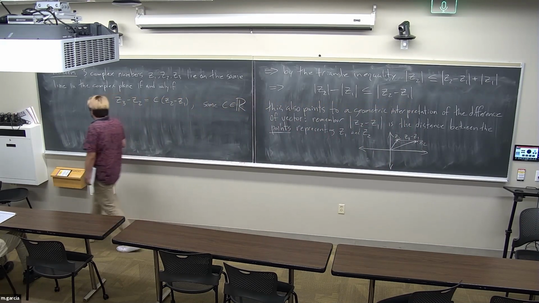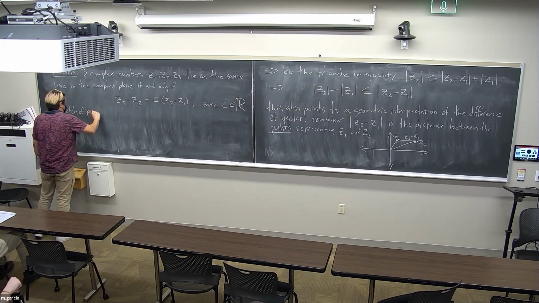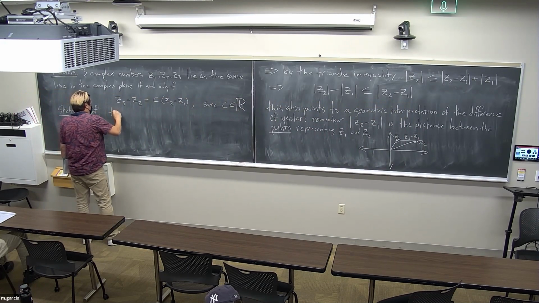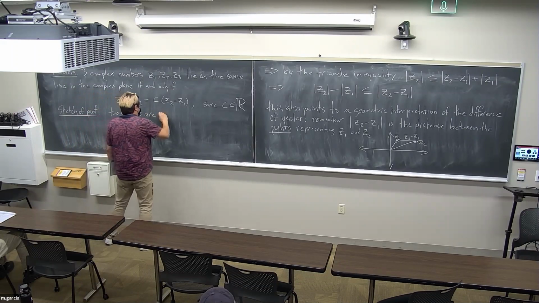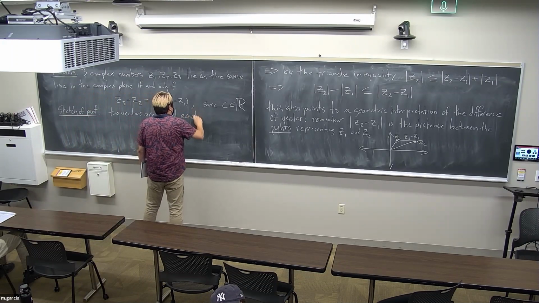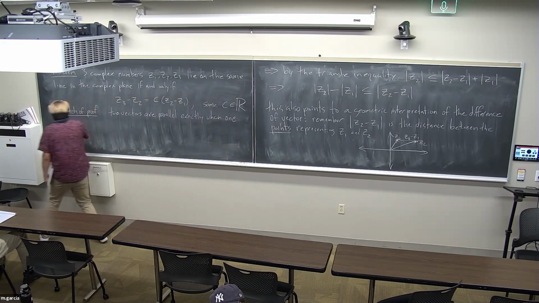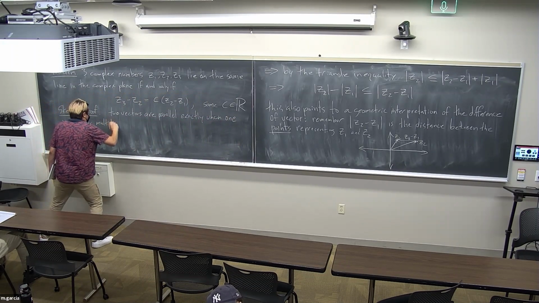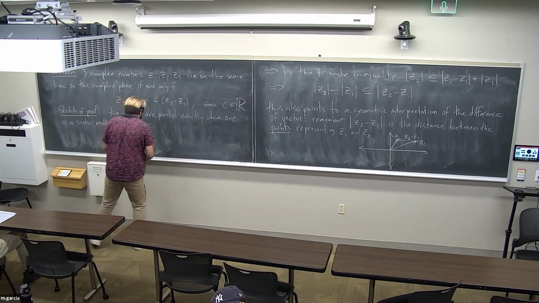Okay, so here's a sketch of a proof, right? Two vectors are parallel exactly when one is a scalar multiple of the other. Okay?